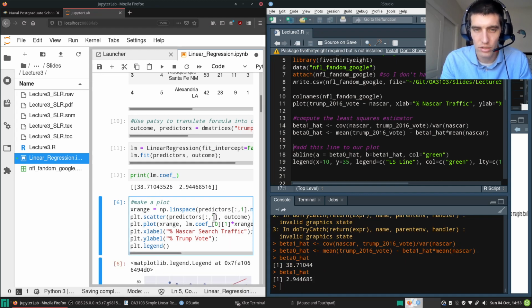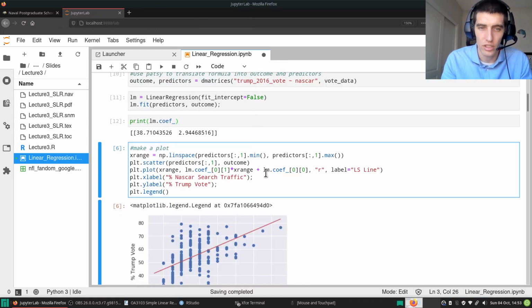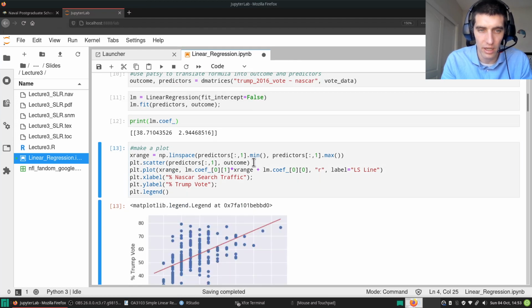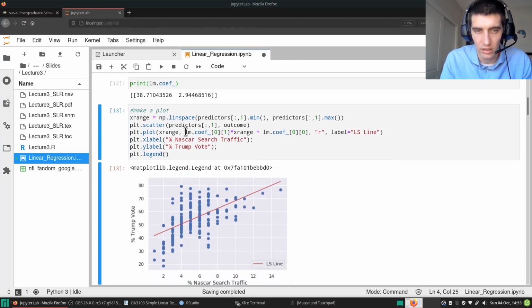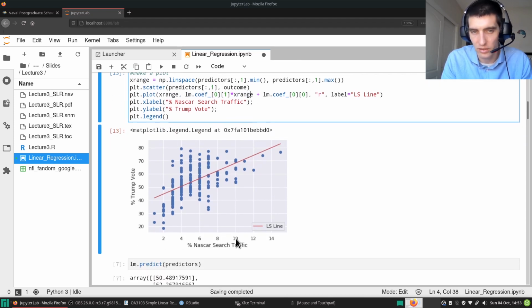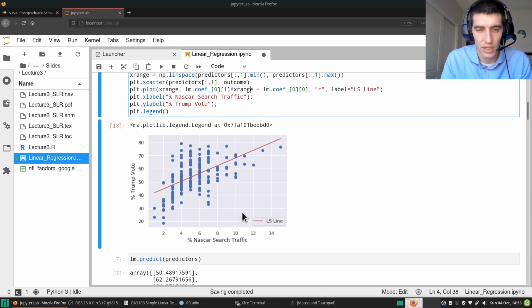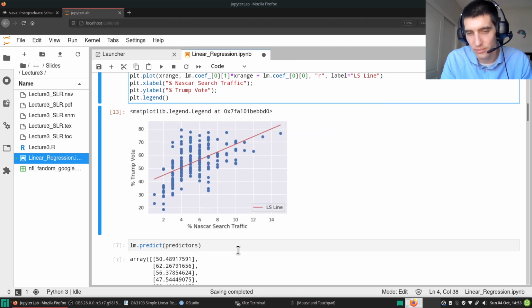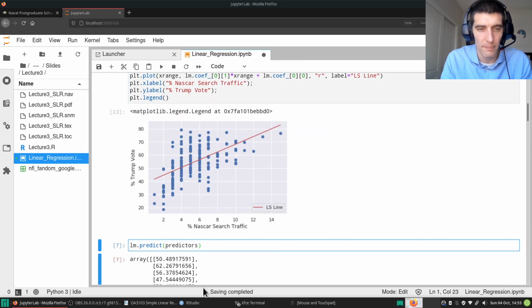So yes, they do match. And then we can just continue on making a plot, just as we did in R, making a scatter plot of the data, and then plotting the linear model, which is slope times x plus the intercept. And we see something similar to what we had in R. We can predict, with similar syntax.